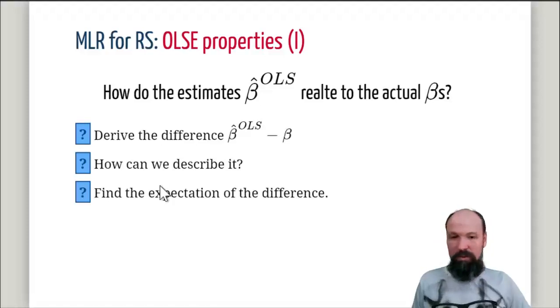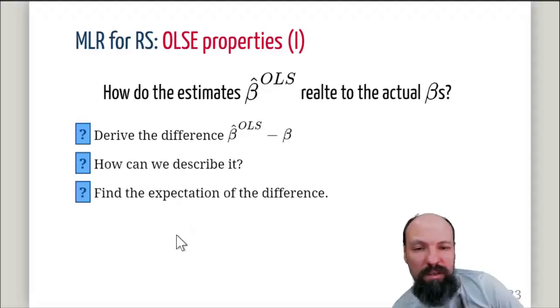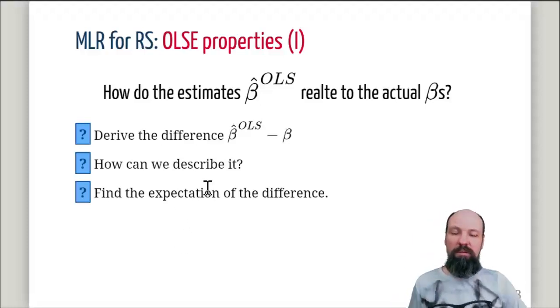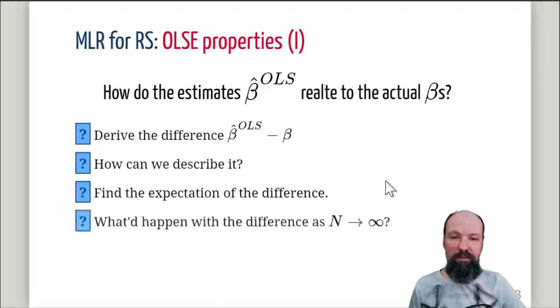The second one, yeah, about the uncorrelatedness and zero expectation of the error term given the x's. It gives you unbiasedness. This difference in expectation is zero. It means that the beta hat OLS are unbiased estimates of the true betas.